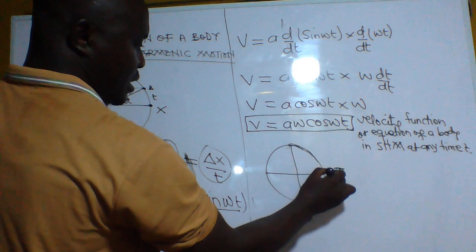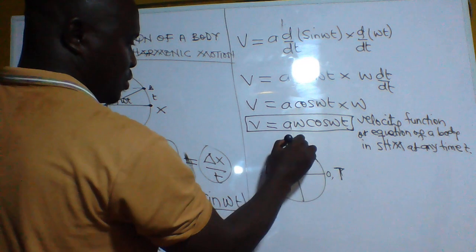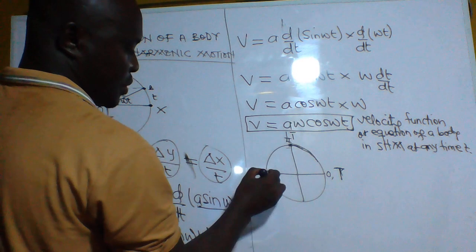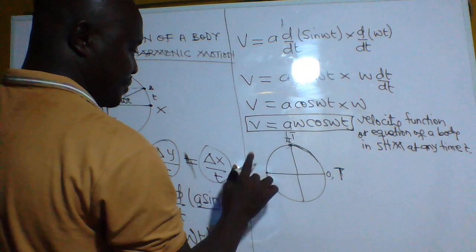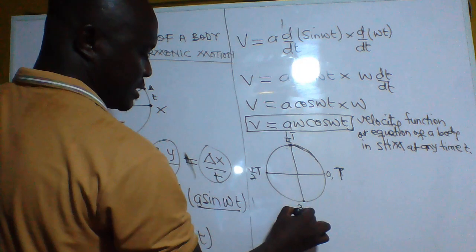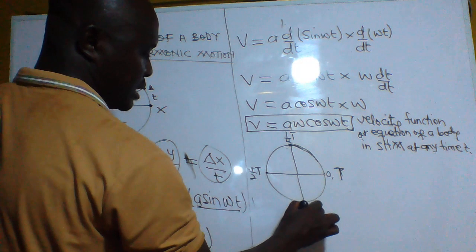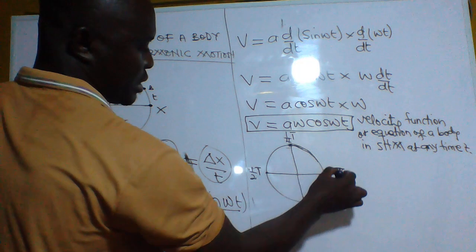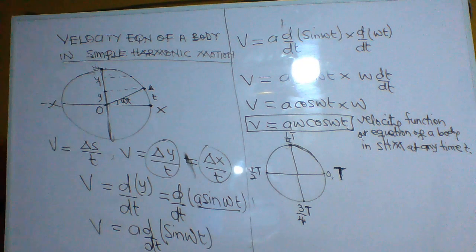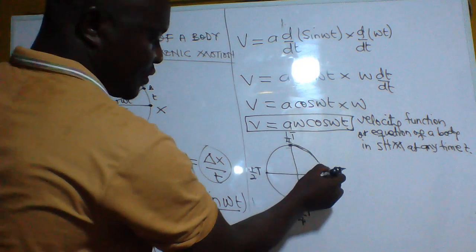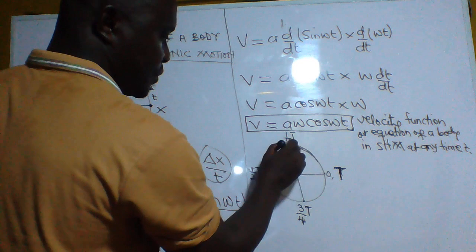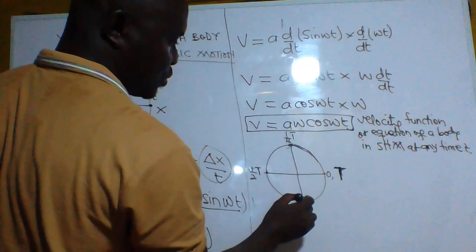From here, when the time is 0 to this point, we have a quarter of this, and then at this point we have half of this period. Then this will give us 3/4 of the period, and when it comes back, we have the time for one complete revolution. We want to determine the velocity of the body at these key points.